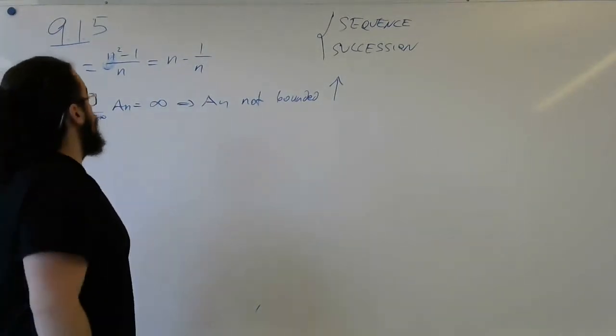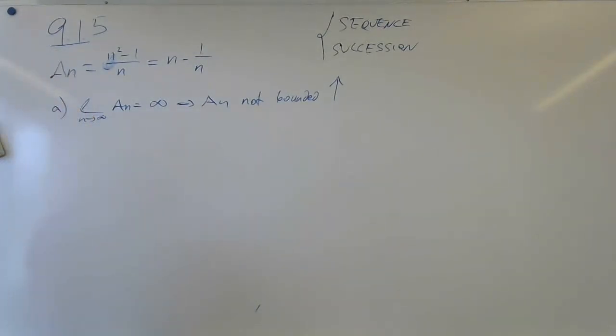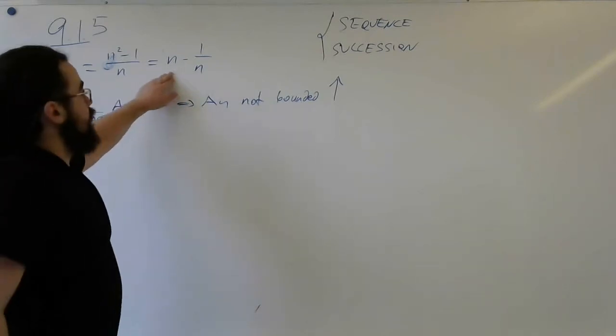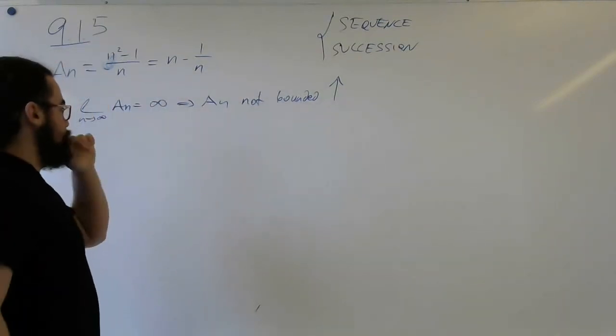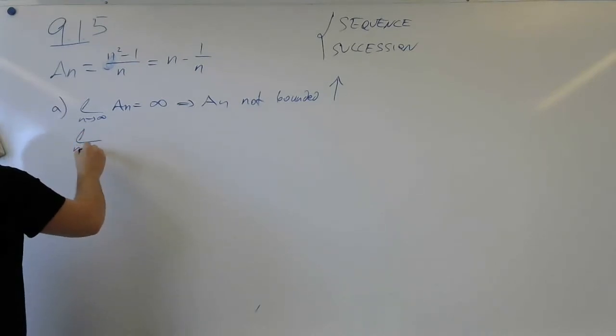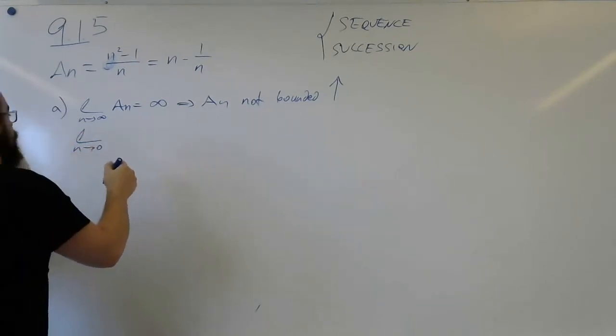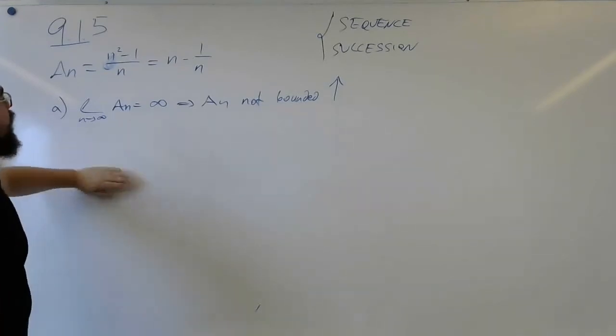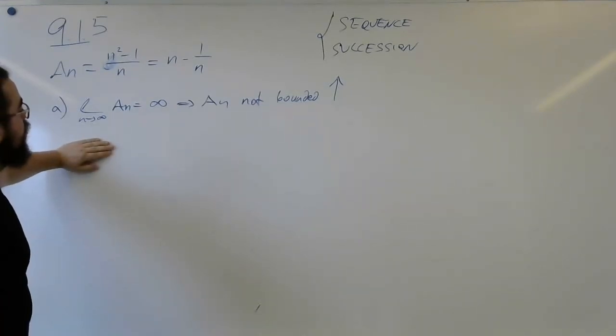So the succession is definitely not bounded above. What happens below? This is linear, this is a hyperbola. When we go below, we may find the same problem, right? What's the minimum value of this function?